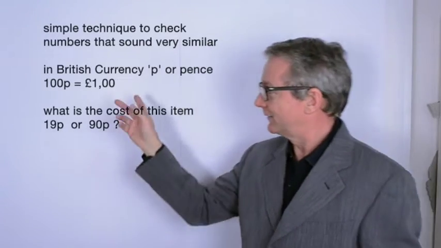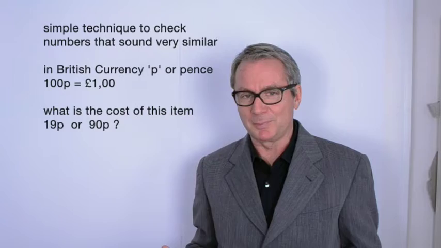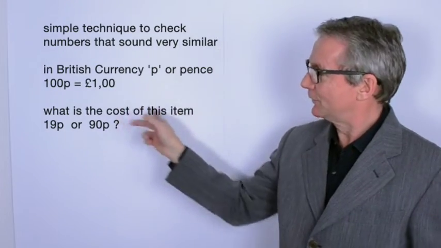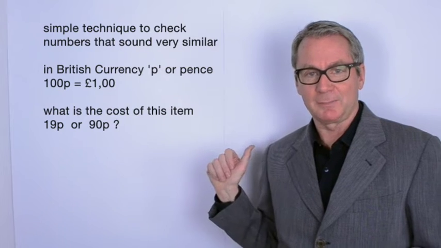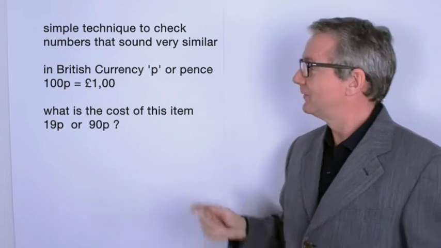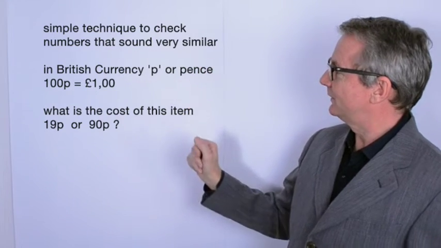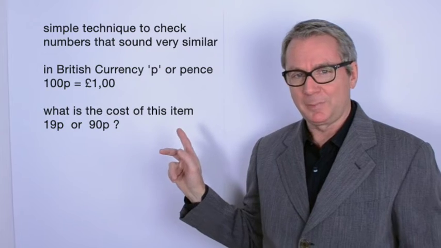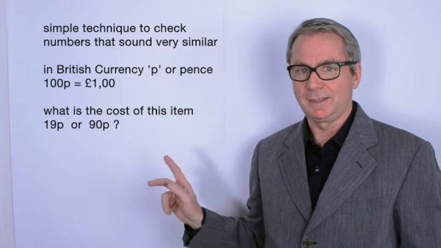Well, here's an example, and it's a very simple example, but it will give you the technique. Now, the one I'm using here is in English, and it's in the English unit of p or pence. P or pence. And so we've got two prices here, 19p or 90p.